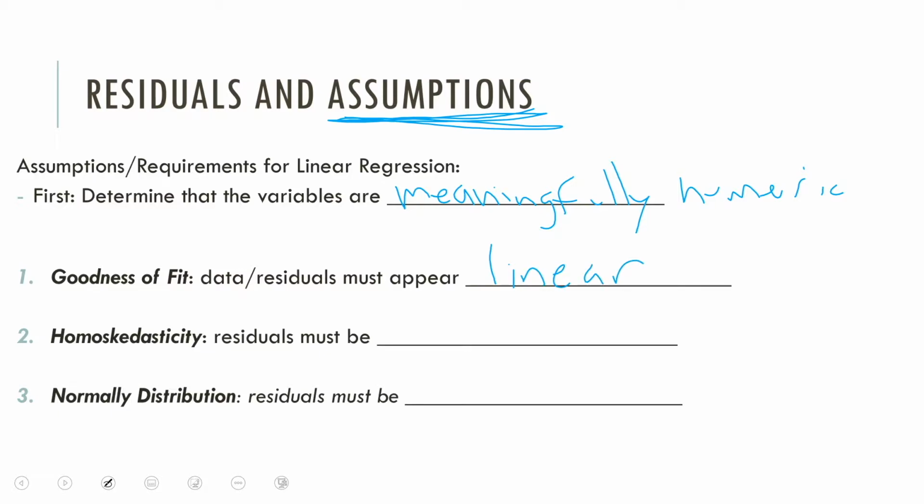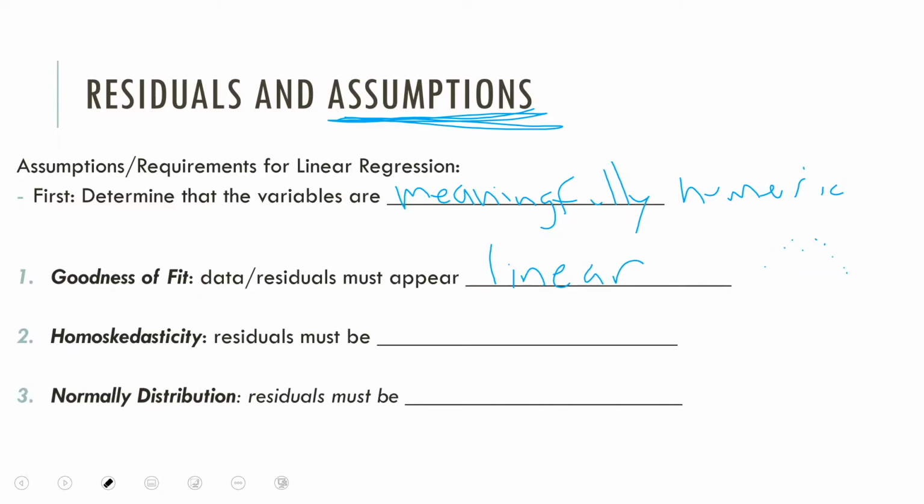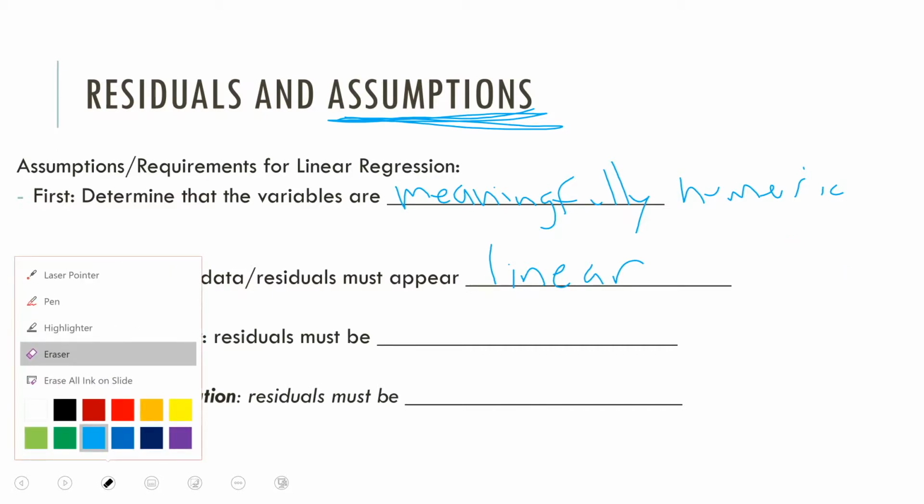Typically, we're fitting a line to the data, and we want to make sure that the line and the data are pretty similar. We don't want a straight line going through data that looks like this. Not good. We have ways of modeling that, but for right now, we need to make sure the line fits the data well.